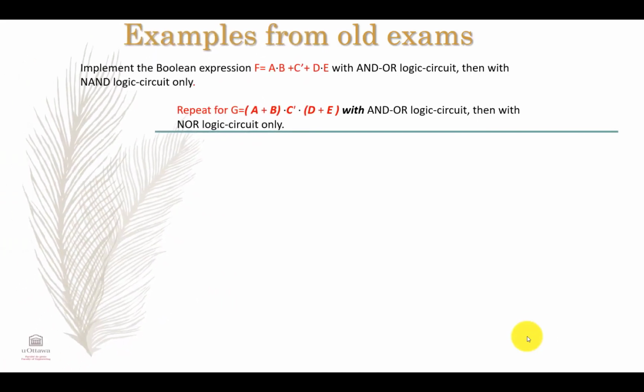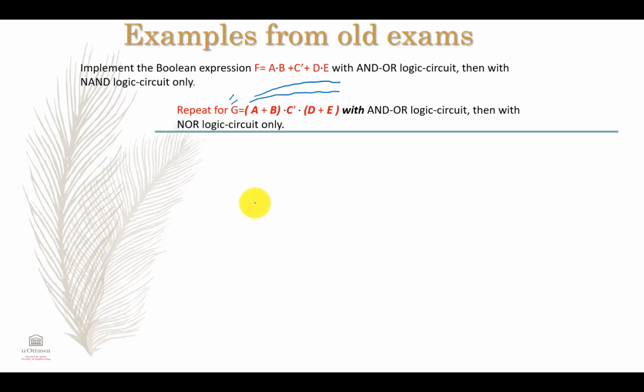For function G, I can do the same. Either I'm going to follow the second DeMorgan law, or I can use the shortcut. So let's try both of the solutions. Now, using the second DeMorgan law, G double prime is equal to this double prime.